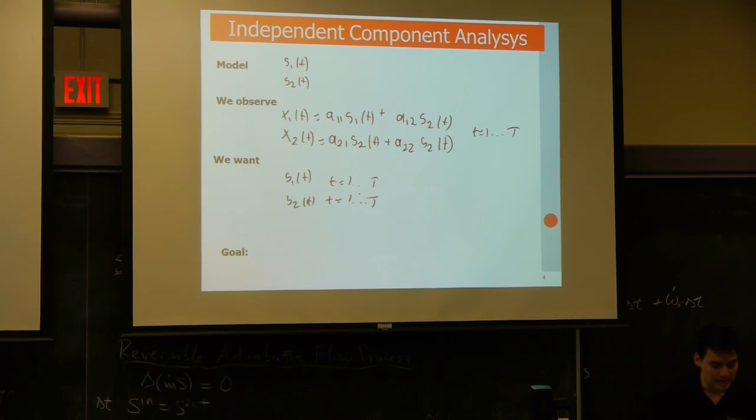So we want to estimate S1 and S2 from the observations. Which row? Row number 4. A21, A22.